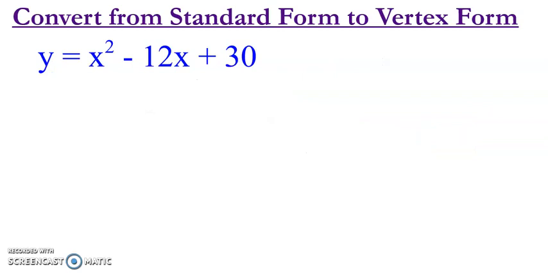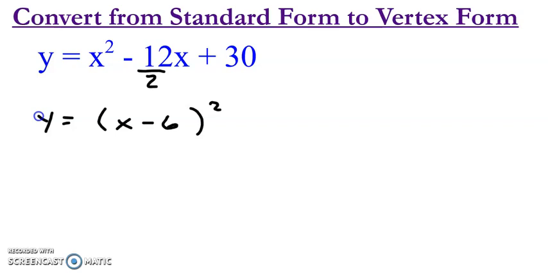So make sure to pause, do as much as you can on your own first, then we'll come back. So remember, I'm trying to get to vertex form here. All right. Now to figure out what goes in my parentheses down here, that's where I divide by 2, and I get -6.